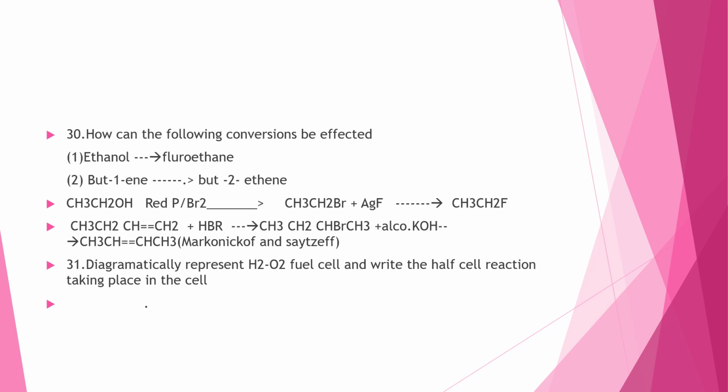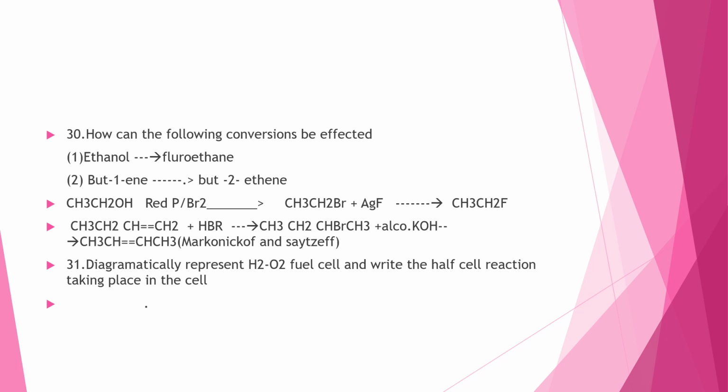Then question number 30, how can the following conversions be effected? First one, ethanol to fluoroethane. We know that we can convert alcohols to bromo, chloro, or iodoethane easily. But in the case of fluorine, it will not easily react directly with the fluorinating agent and alcohol.